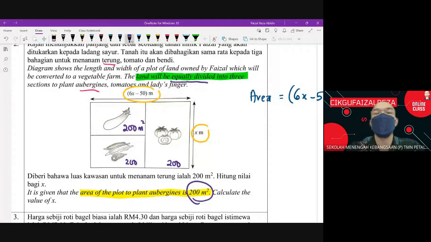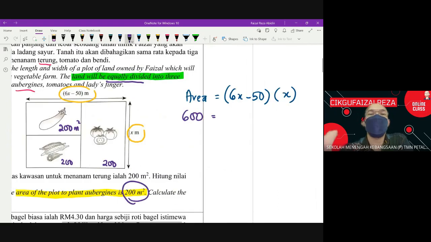Equally divided. So can I know the sum of our area there? Yes, 600 meters squared. Then I'm going to make it the same with this one. What can I use? Expand.